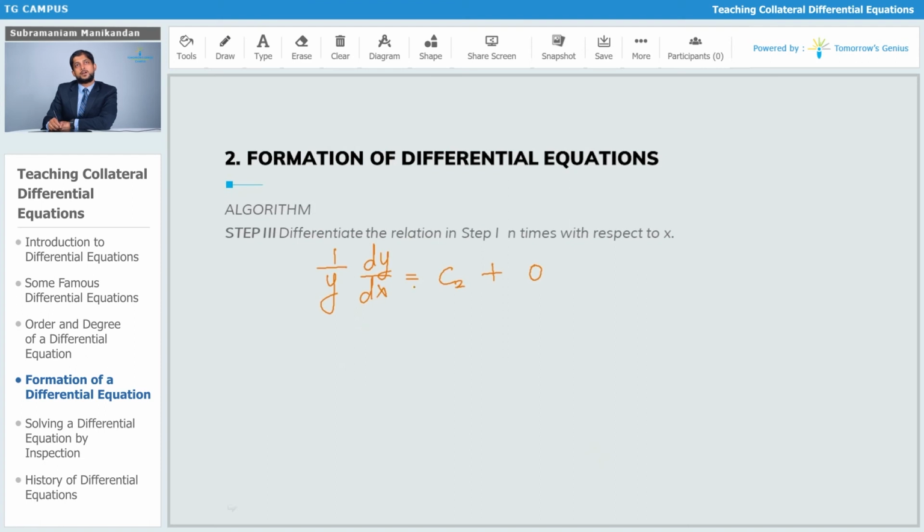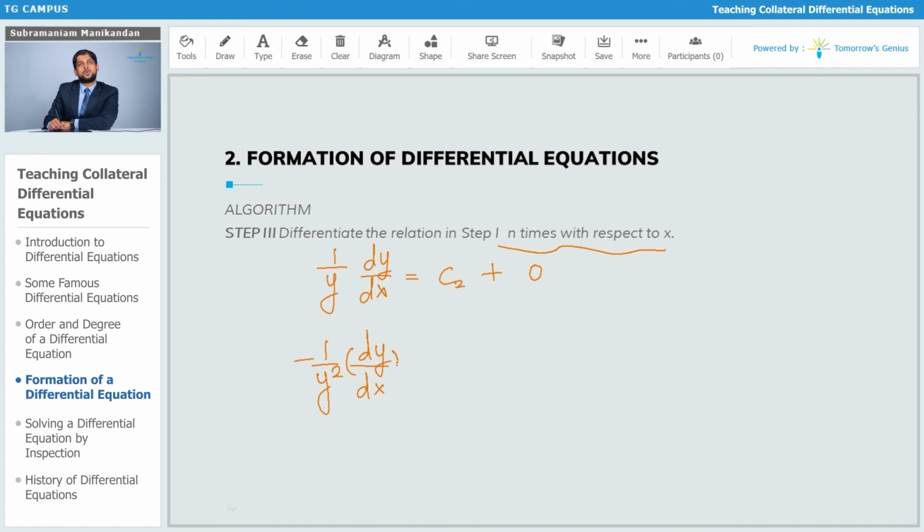What does it ask us to do? As many arbitrary constants as there are, differentiate that many times. So we directly differentiate this equation once again. On the left hand side, we have to apply the chain rule because y is considered the dependent variable.